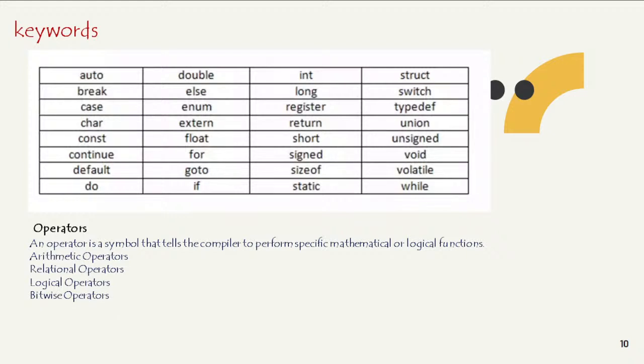And the next operators are the bitwise operators. The bitwise operators are used to perform operations at bit level in C programming language. Those are bitwise AND, bitwise OR, bitwise exclusive OR, shift left, shift right.